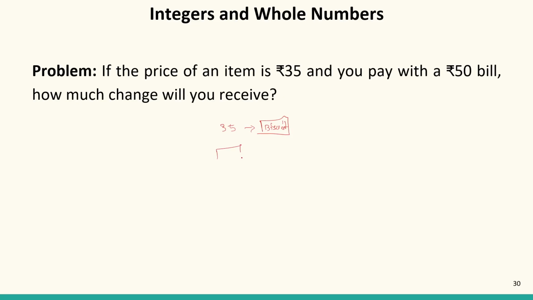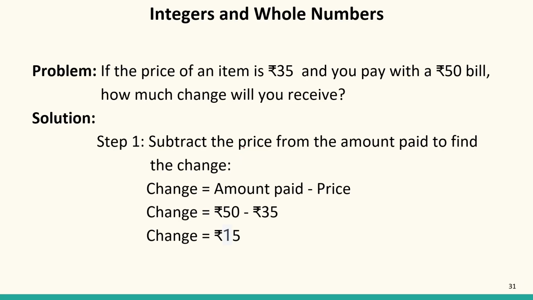And you give a 50 rupee note. Then what will you get in return, or do you need to spend more? So step 1 is that we subtract the price from the amount paid to find the change.